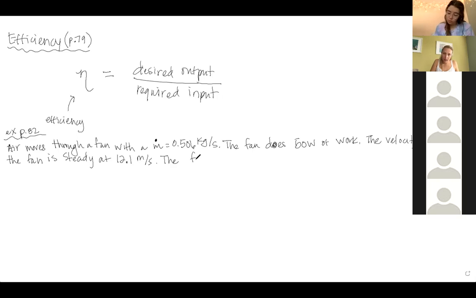The fan is at 1 atm, so it's just at basic atmospheric pressure. And any pressure change in the system is negligible, any pressure change throughout the fan. What is the efficiency of the fan?